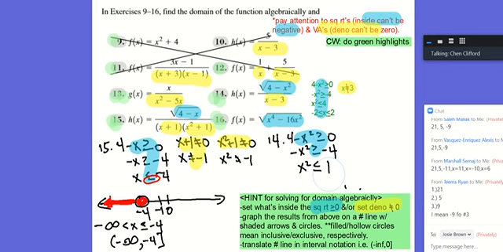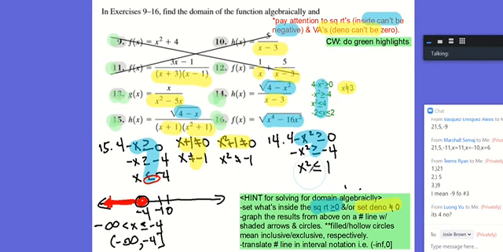Now here's where I just want you to use common sense. 1 squared is 1. Let's go 2 squared. 2 squared is going to make this statement not true. 3 squared is going to make this statement not true. -2 squared is going to make this statement not true. -3 squared is going to make this statement not true.